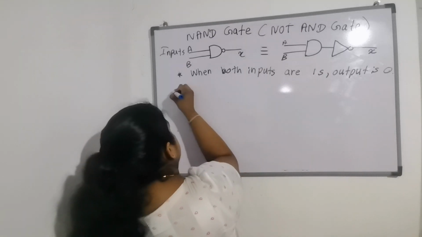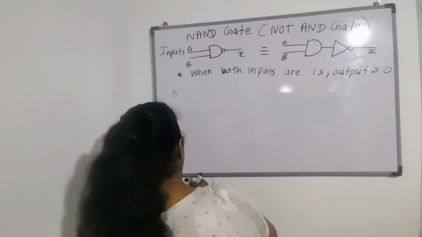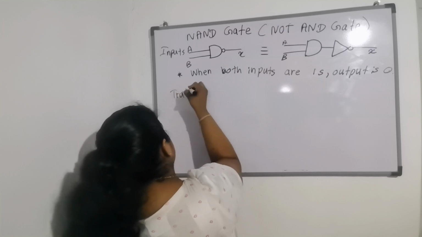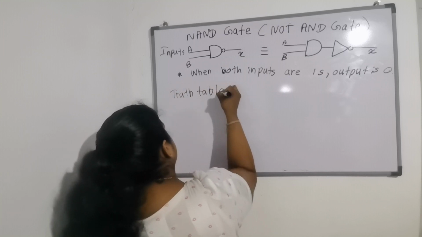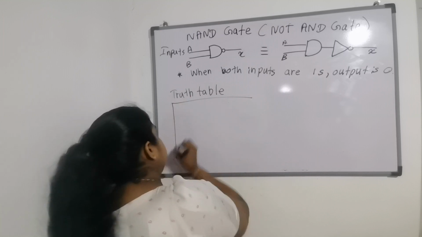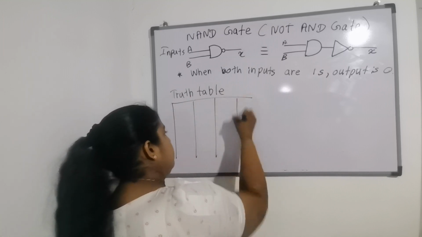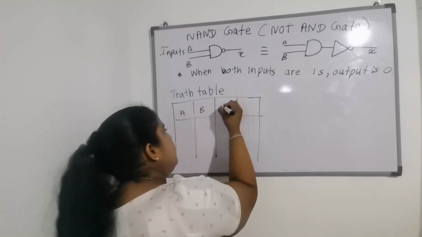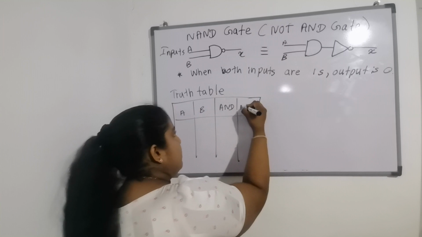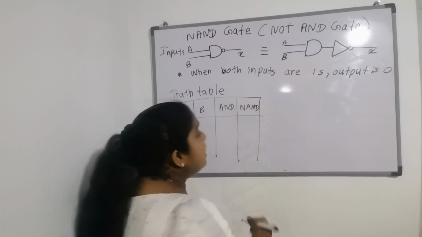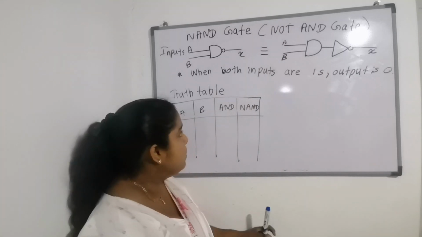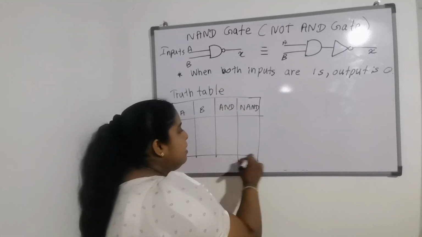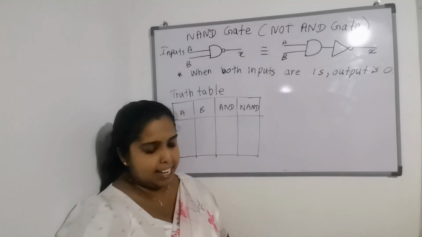We can draw the truth table like this, with A and B inputs. Let's draw the AND gate, after that the NAND gate. In a question, if they ask you to draw the truth table of the NAND gate, then there is no need to write this column. Here I'm writing it for your understanding.